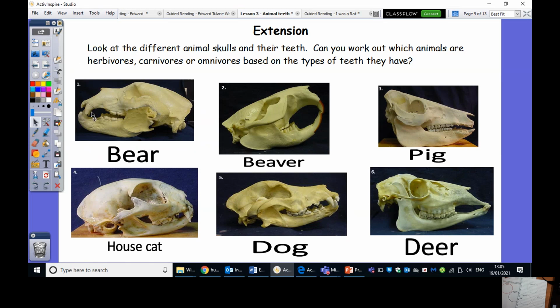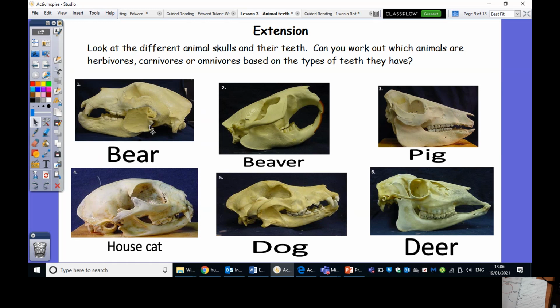So with the first one, I can see that we've got some canines, these really long, pointy teeth over here on the bear. I can see that we've got some molars at the back here. So this one's a tricky one. So it could well be a carnivore, because carnivores have both, or it could be an omnivore.